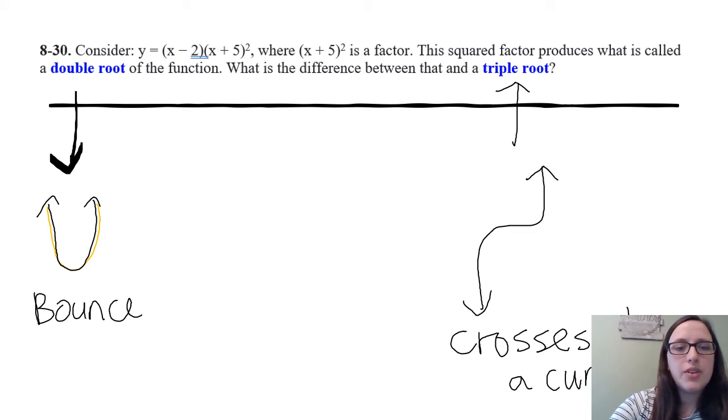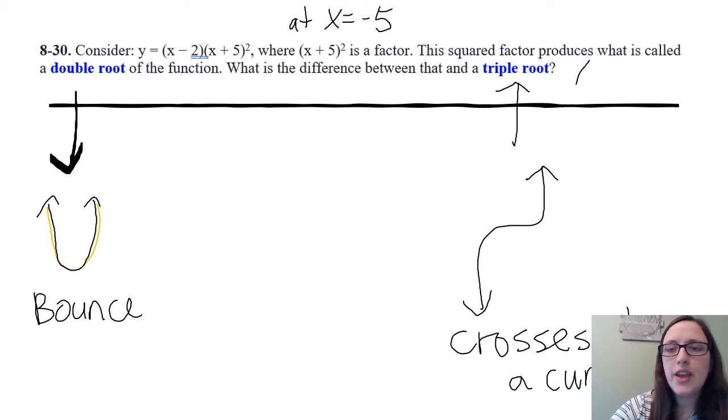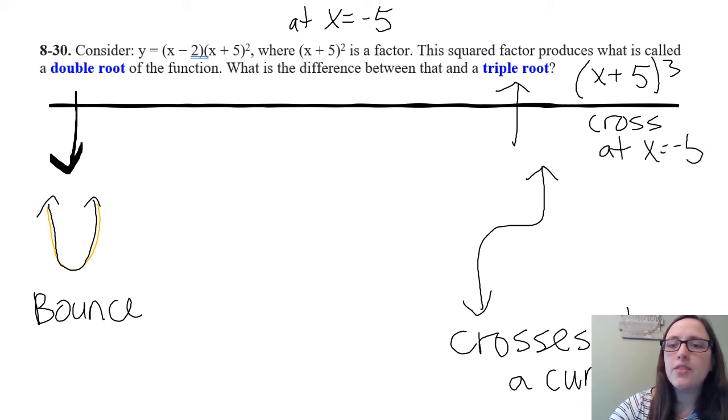So this one would be a bounce at x equals -5. Whereas if we had (x plus 5) to the power of 3, then that would cross at x equals -5 at kind of like a curve.